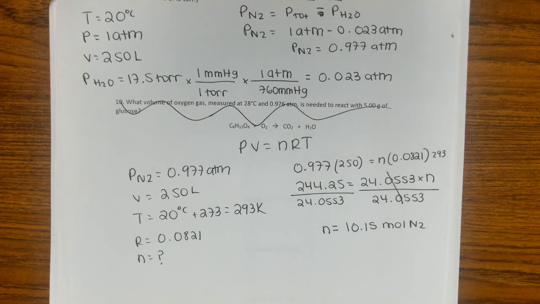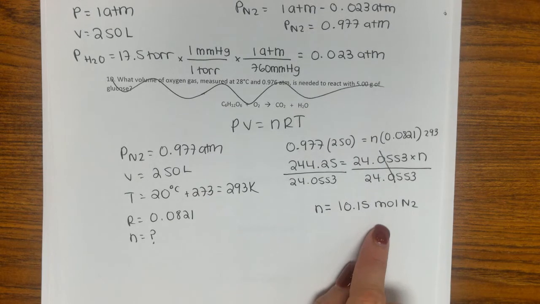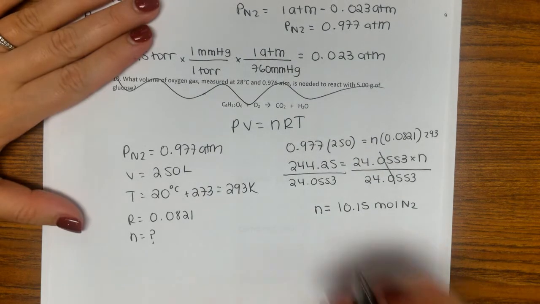Now, let's look back. The question didn't ask for moles of nitrogen, it asked for grams of nitrogen. So you're not done yet. We're going to have to change moles of nitrogen to grams of nitrogen.